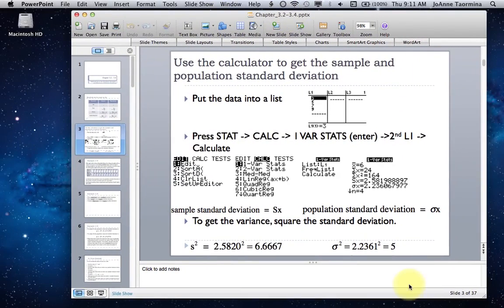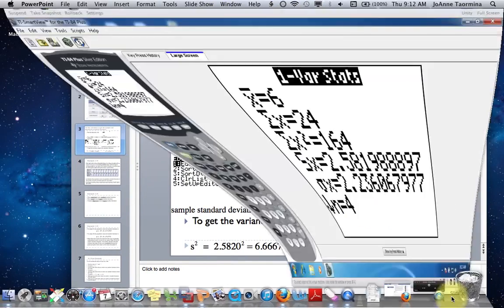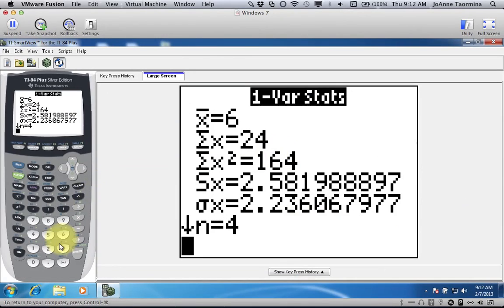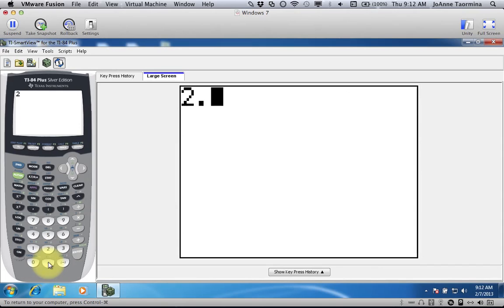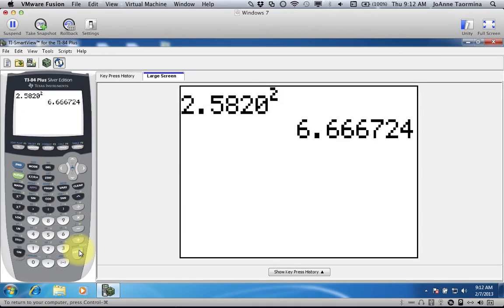If we haven't done this already, it's pretty easy. So we write the sample standard deviation, 2.5820, and here's the x squared key right here. We're going to hit it, which is going to square the quantity, and hit enter. 6.6667.